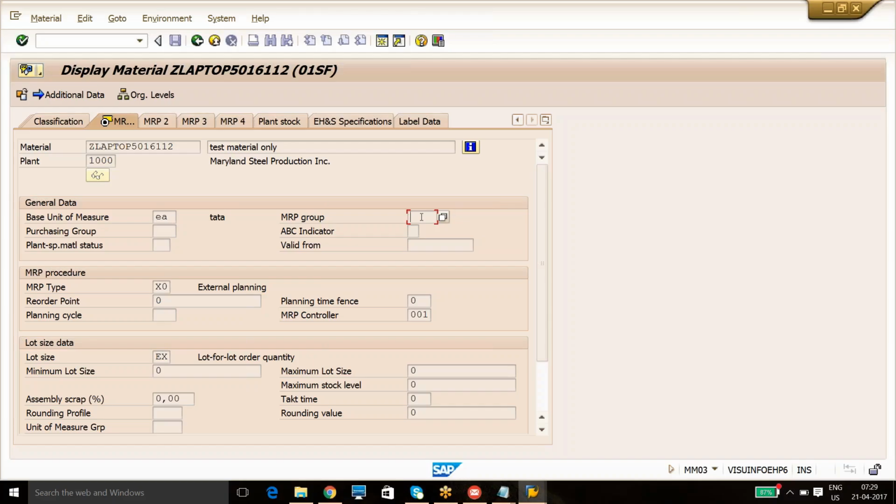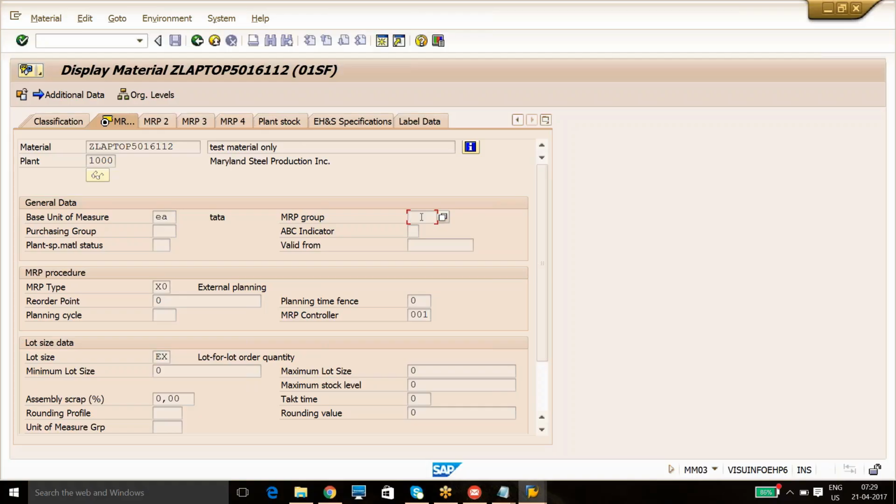Those values will help ensure that whenever the order is created, they state that this material can be processed in the sales order. Am I right? Hope you remember. Yes, right.